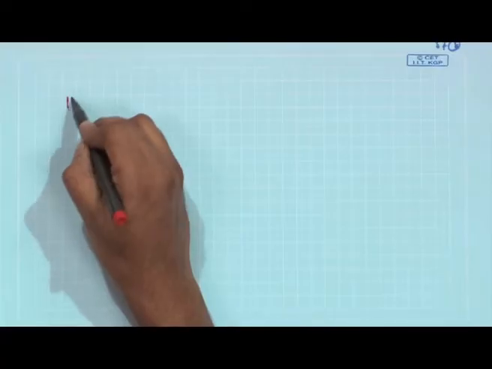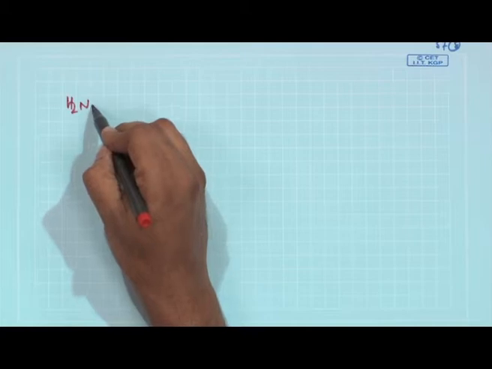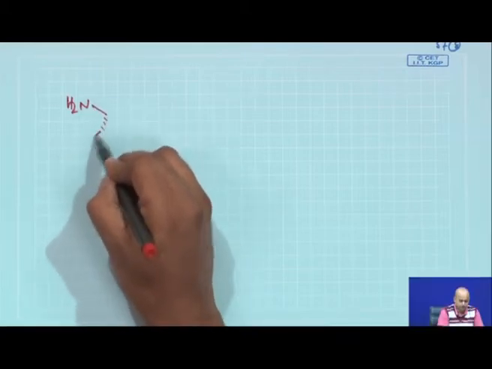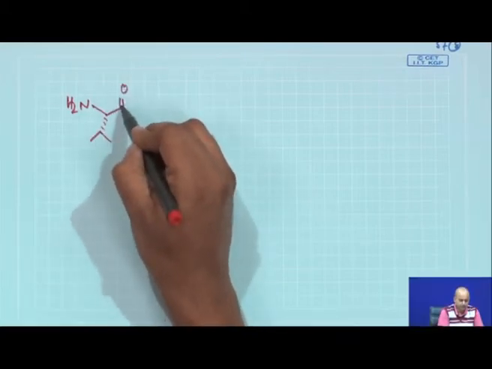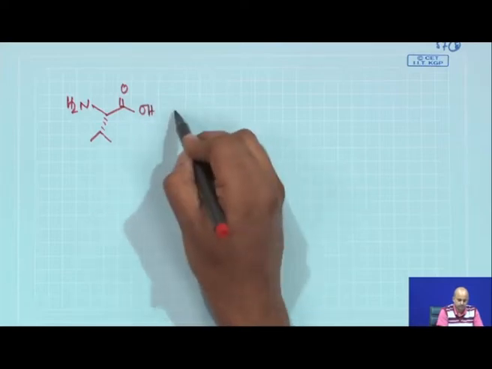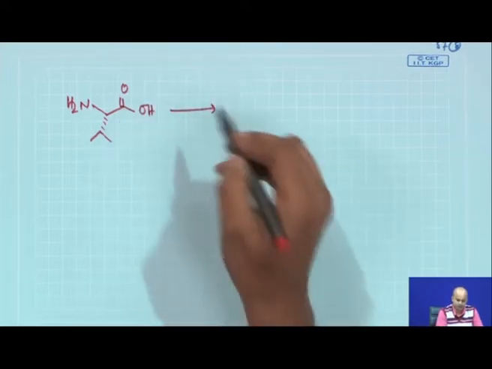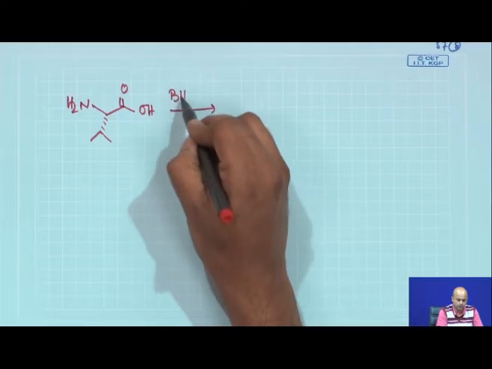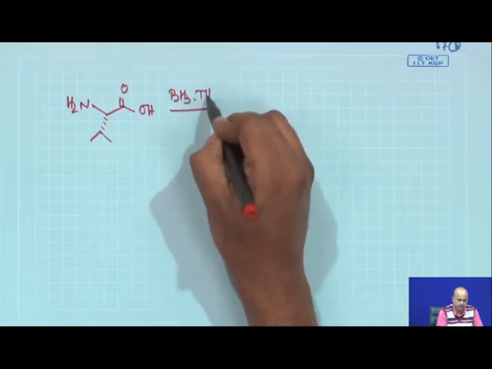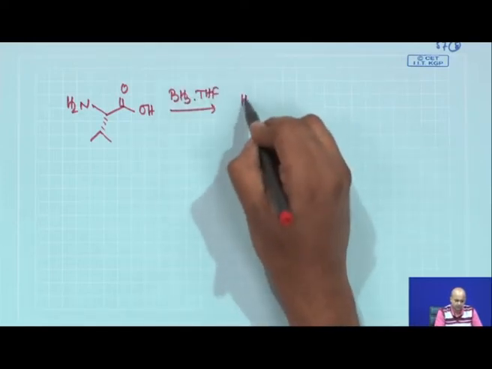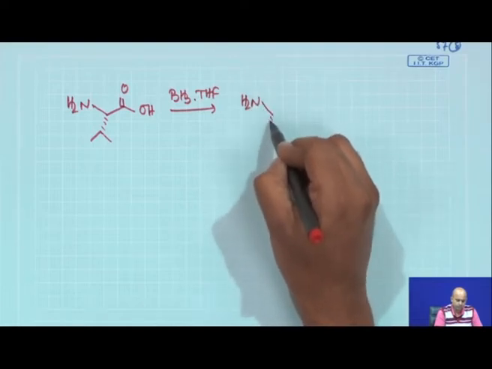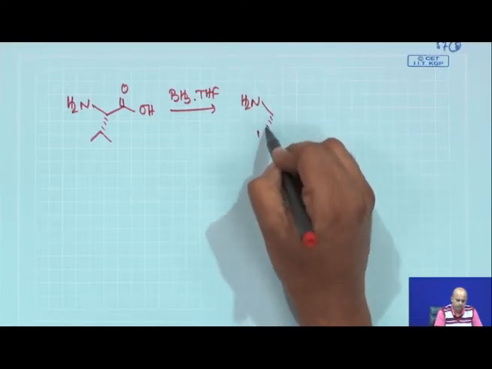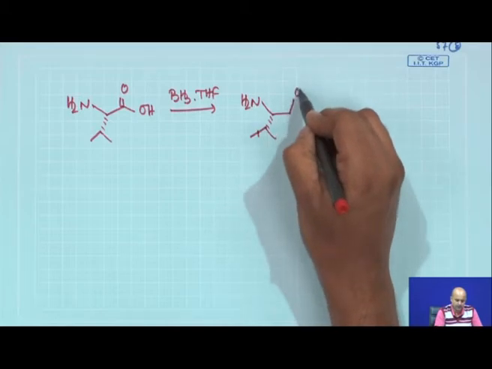Now, how do you do the synthesis? Let us first make this oxazolidinone. First we take this valine. The valine carboxylic acid group first needs to be reduced, so do a borane reduction, and you get the corresponding amino alcohol.